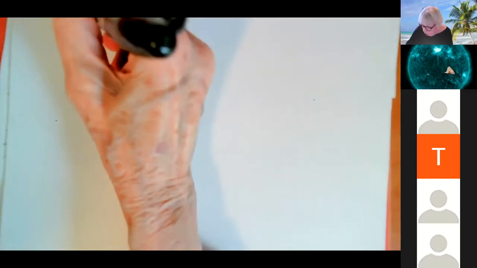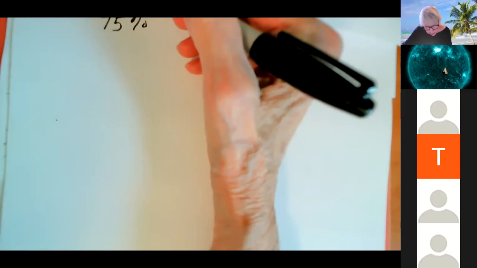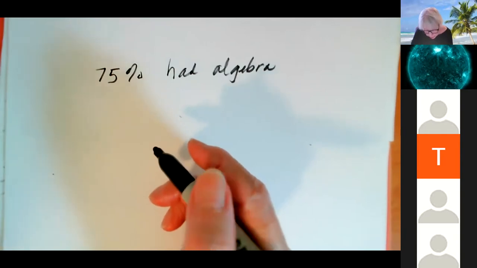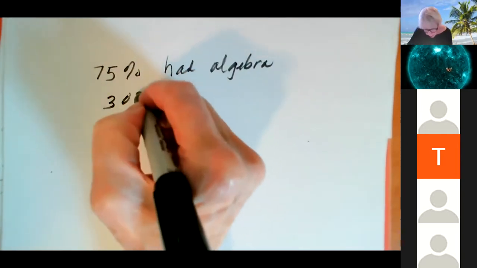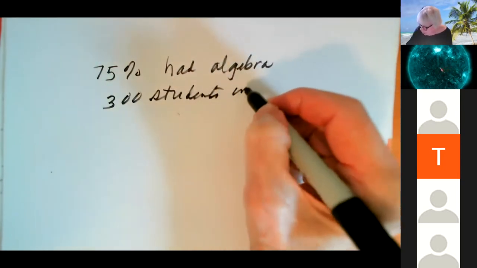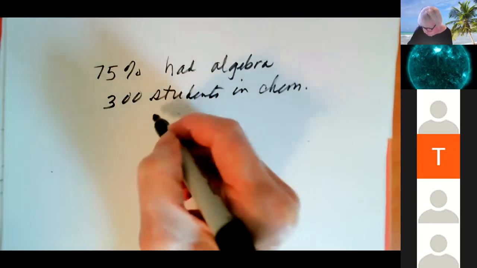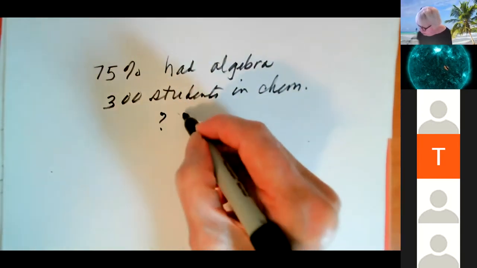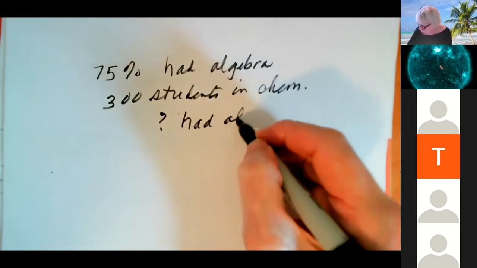In a certain school, 75% of the students in chemistry had algebra. That's my sentence. If there were 300 students in chemistry, question, how many had algebra?